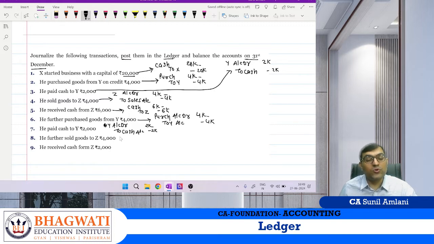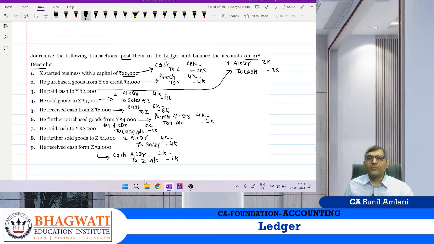He further sold goods to Z. So entry will be Z account debit to sales, amount 4,000. And he received cash from Z. Cash account debit to Z account, 2,000.